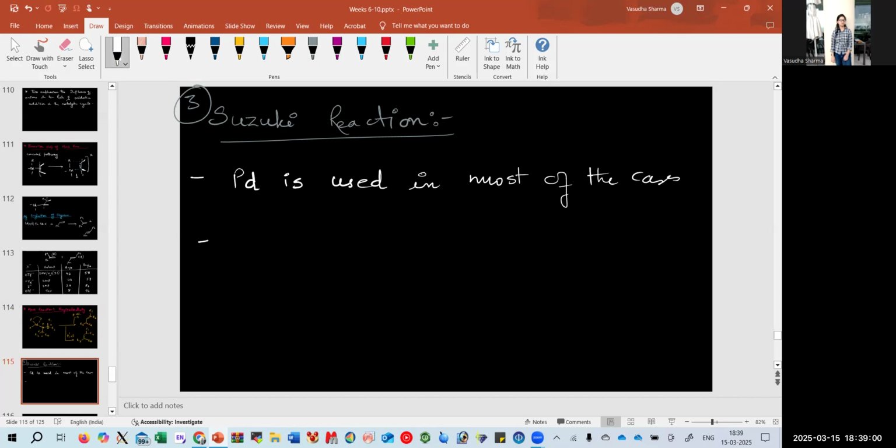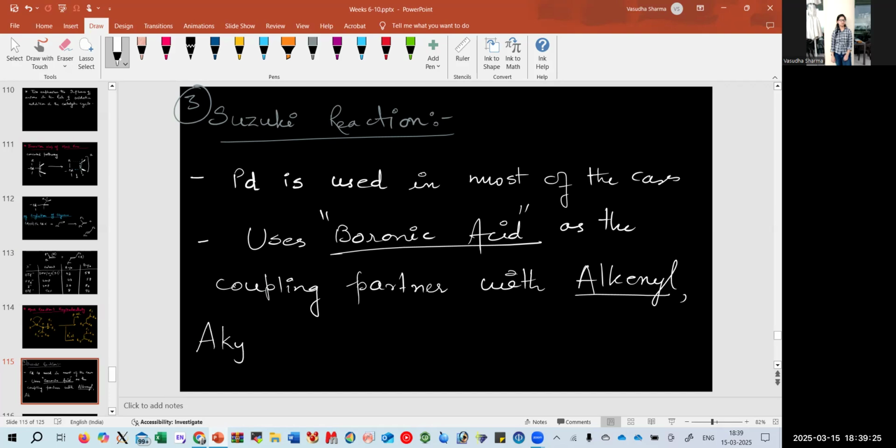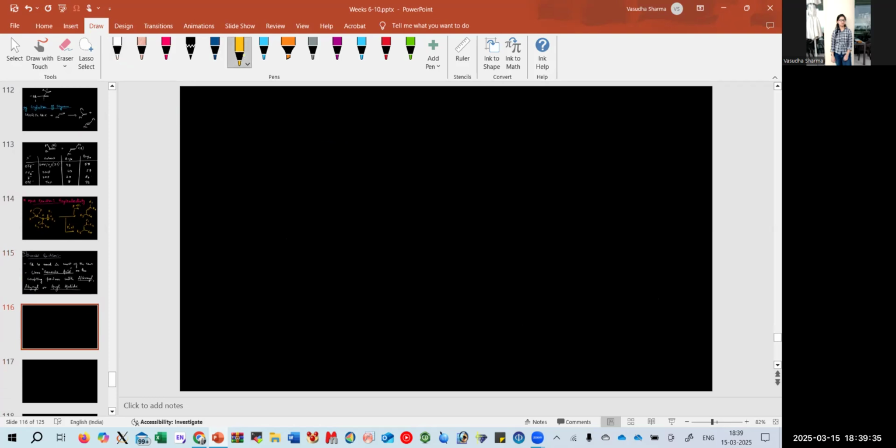And the important point here is that it uses a boronic acid as a coupling partner, with either alkenyl, alkynyl, or aryl halide. So these are the different substrates that it can couple with. Let's see one such reaction.